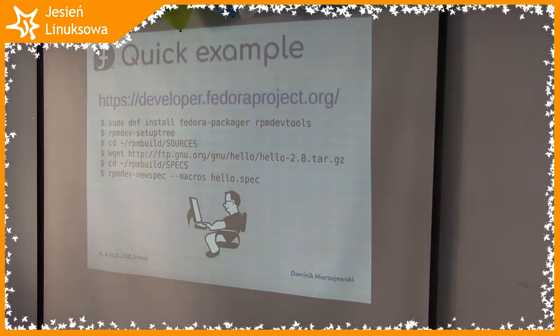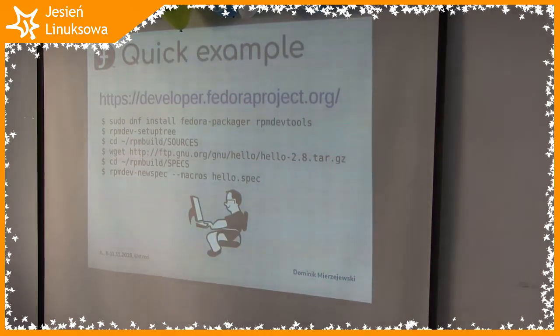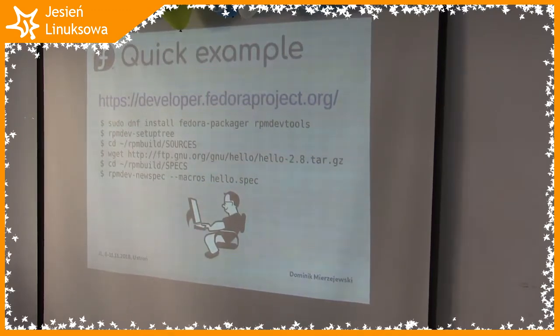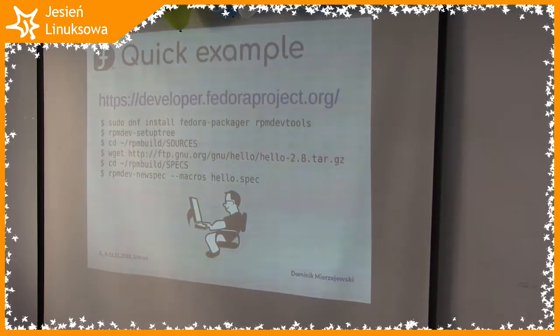You can also override it using the .rpmmacros file in your home directory. It just specifies what path it should use to look for sources, to look for spec files, to use as build root. Yeah, those locations are overridable by the user.